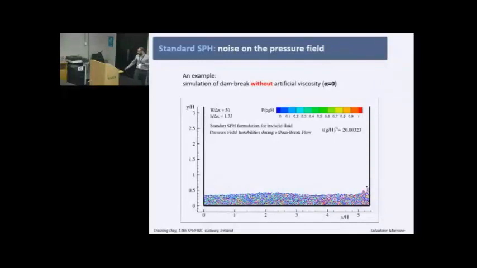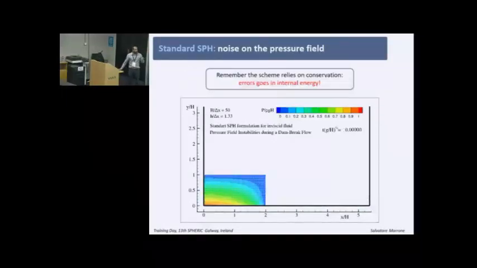And what is interesting is that the errors that we are making in our scheme go directly into internal energy. So the scheme is unstable in the sense that all the high frequency that we produce goes into internal energy, but the numerical simulation never crashes. Okay.